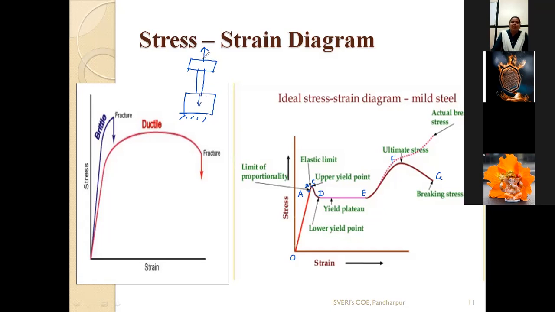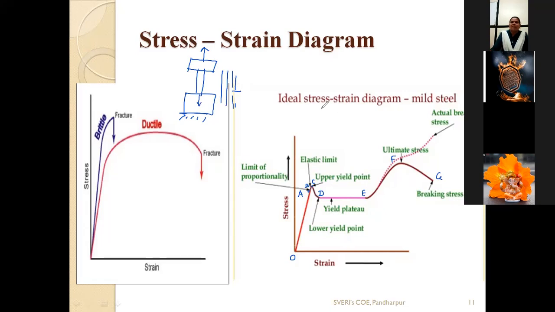So after application of loading, this bar elongates. That means elongation has occurred and length is going to increase. After its load carrying capacity, this rod breaks and we stop this procedure.